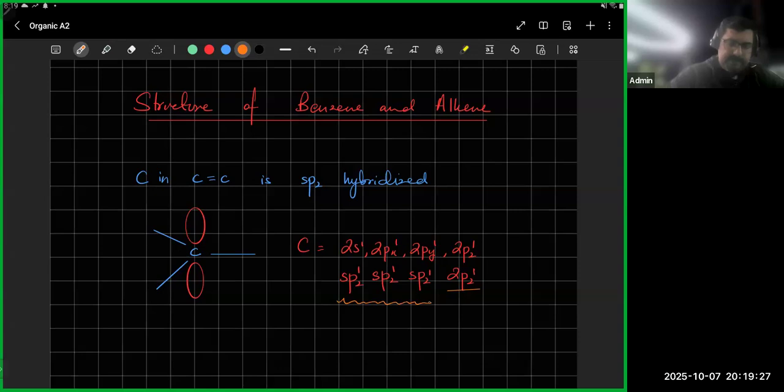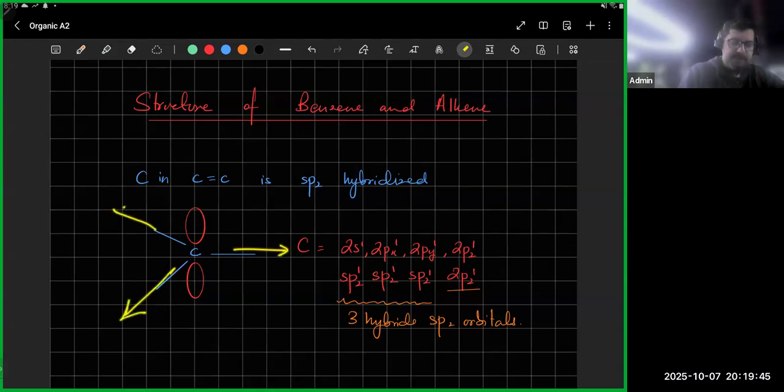So there are 3 hybrid sp2 orbitals. Basically, there's an atom trying to pull an electron on this side, on this side, and on this side. So three of the orbitals change shape.